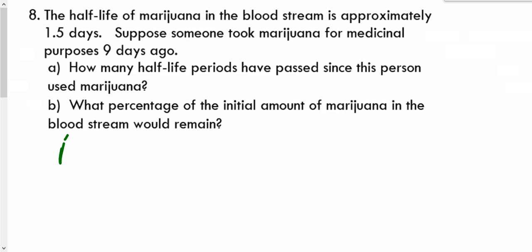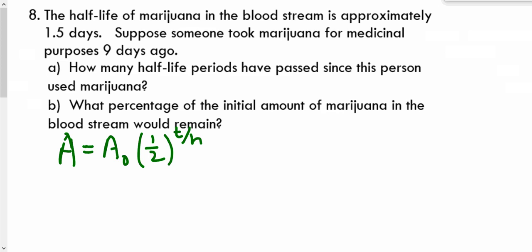So this is my half-life formula. It is very similar to the doubling time formula. It's still A naught, but instead of a 2, it's a half. And then it's still T, but for convenience I'm going to use H because H stands for half-life.